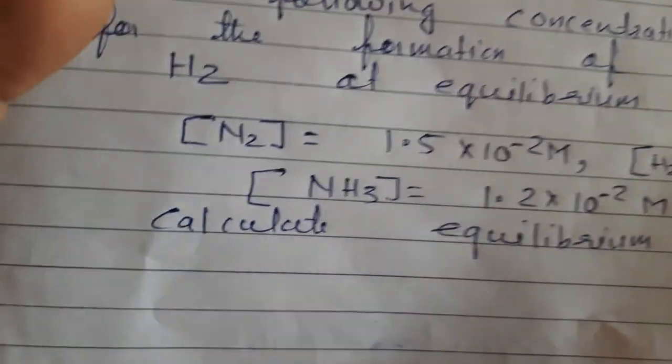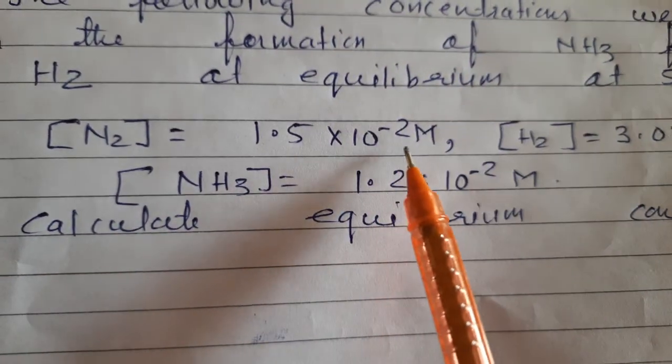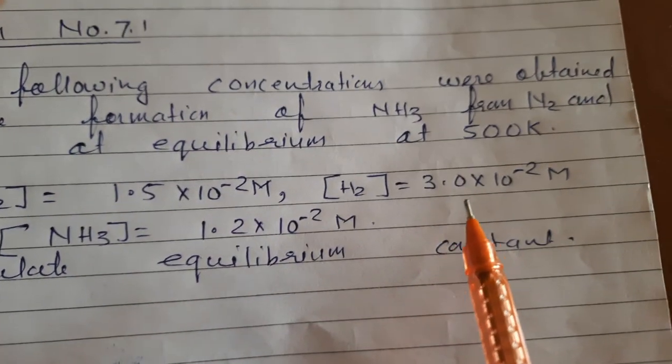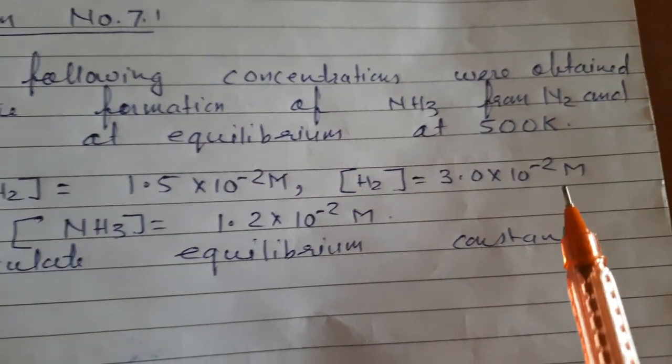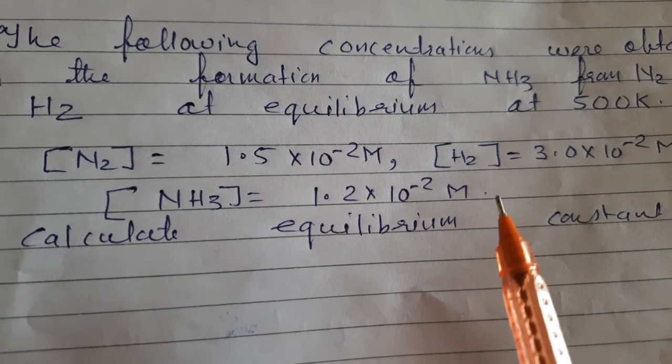The square bracket is meant for concentrations. Nitrogen is 1.5 into 10 raised to power minus 2 molar, hydrogen 3 into 10 raised to power minus 2 molar, and the concentration of ammonia is 1.2 into 10 raised to power minus 2 molar.